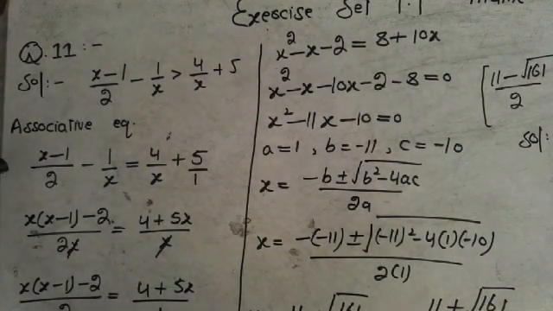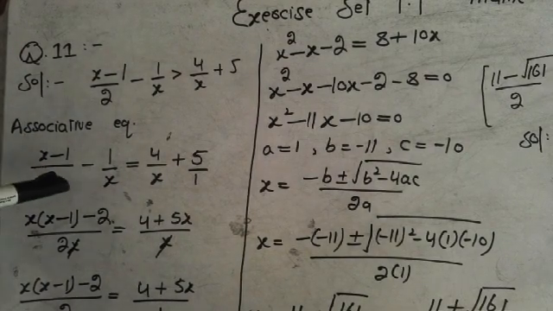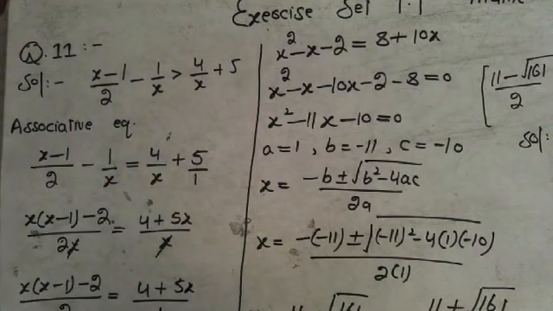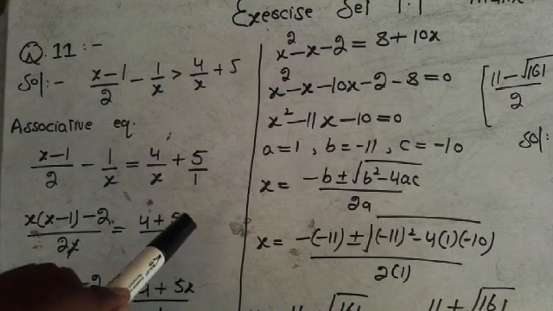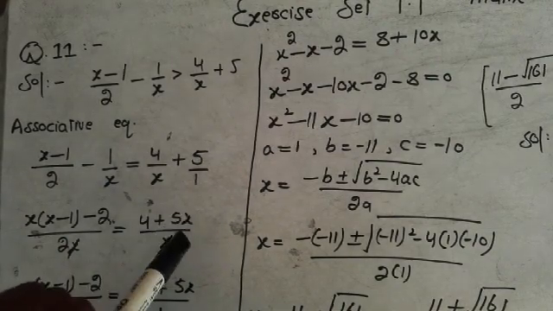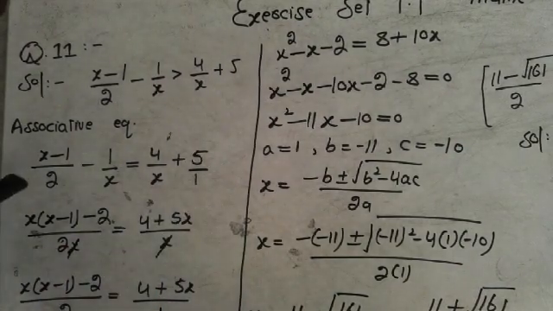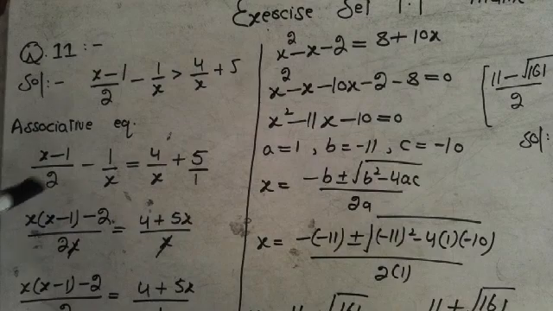The associated equation is (x minus 1) divided by (2 minus 1 by x) equal to (4 by x) plus (5 by 1). Here we put the 1, since anything divided by 1 remains the same. So here we will take the cross multiply on this side and on this side.